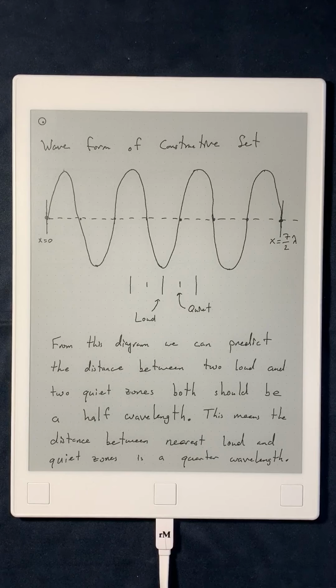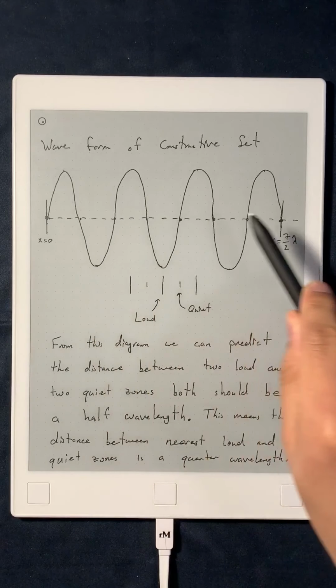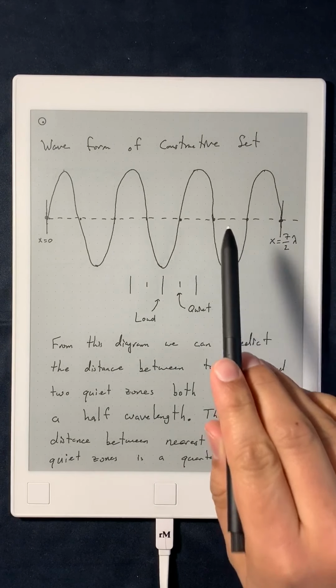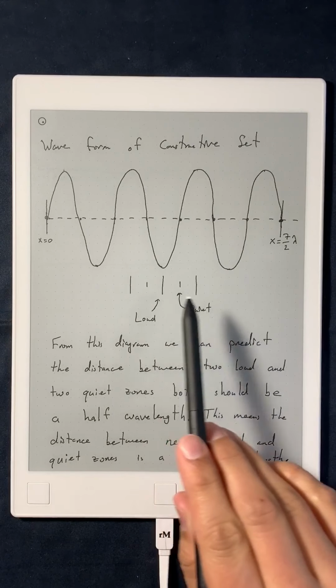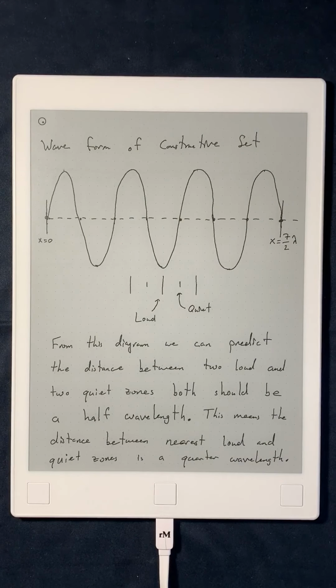So for this lab, for setup number 1, you're taking your microphone, your sensor, and you're moving it around, and you're trying to find, for the tone you set, or the wavelength, because they go together, and for the wave speed, because it's sound that's pretty well established, you can determine, based on your measurements between loud zones or quiet zones, what that wavelength is.